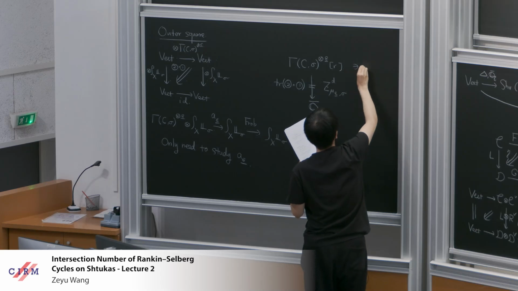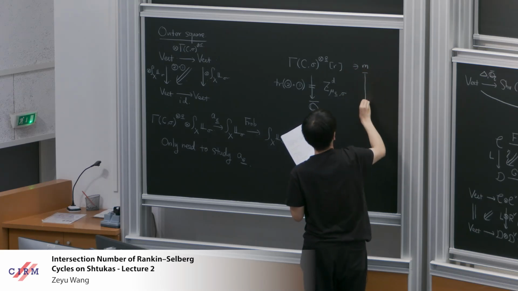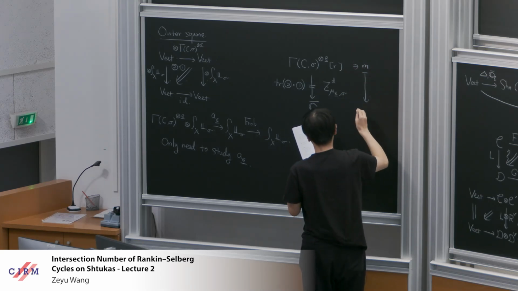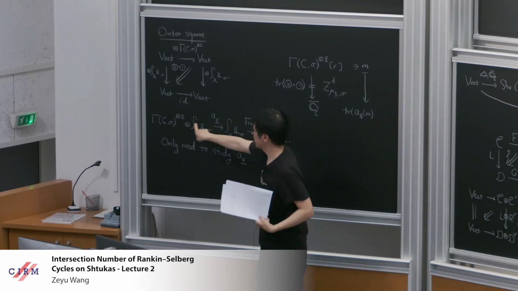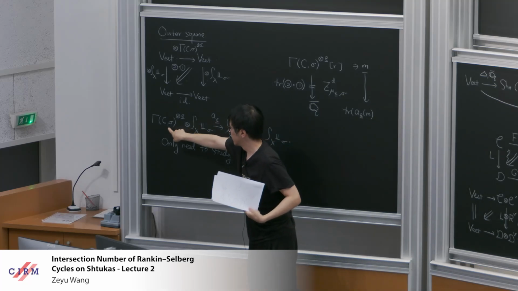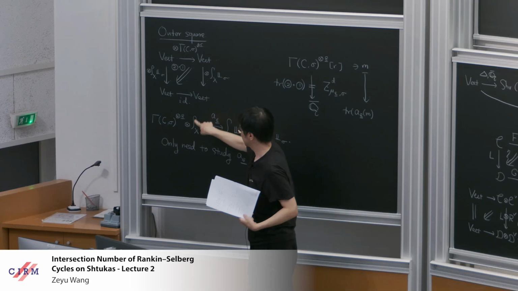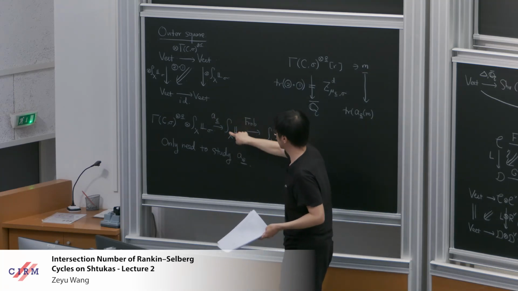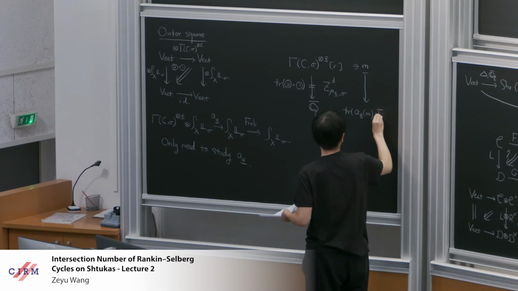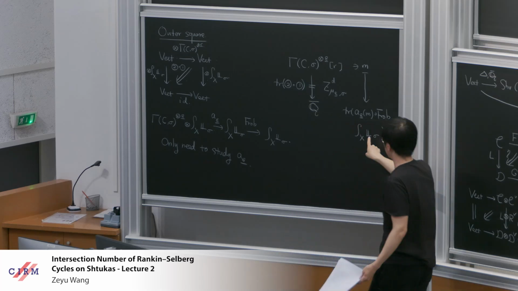Suppose you have some element m here, then where does it get mapped to? It's just the trace of A epsilon m. So what's the meaning of A epsilon m? Regard it as an action of this vector space on this vector space, then A epsilon m is some endomorphism on this vector space, and you can compose this Frobenius on this vector space.